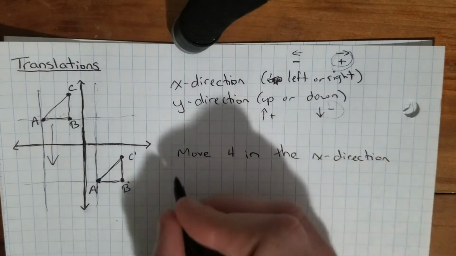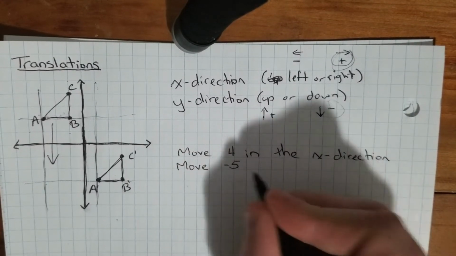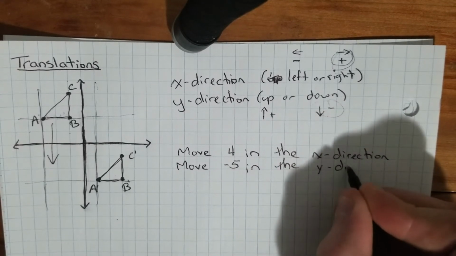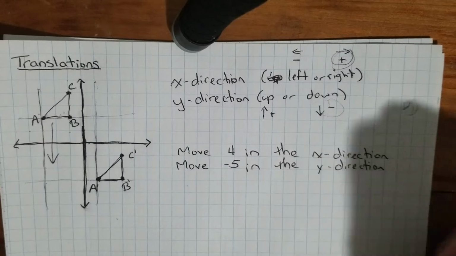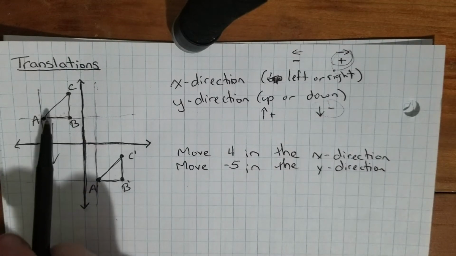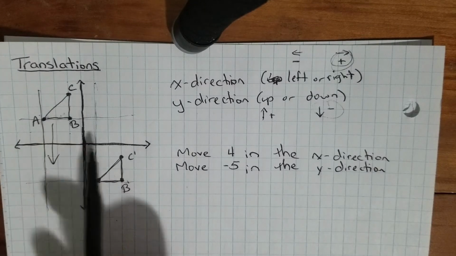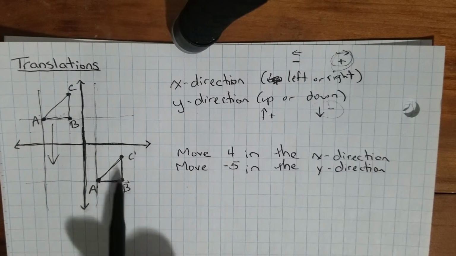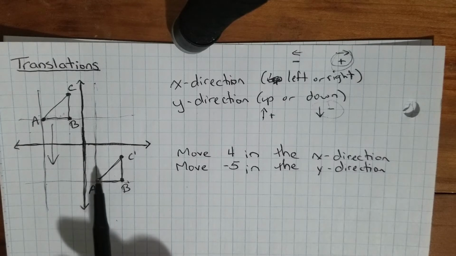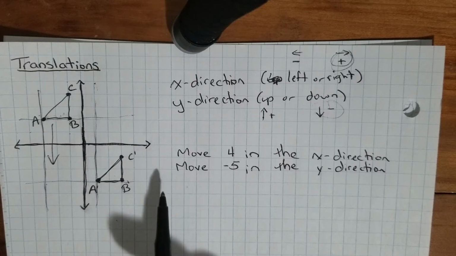So we are going to move -5 in the y direction. So this would be how we would describe the translation for triangle ABC to triangle A', B', C', or this version, or the image of this triangle after the translation has taken place.